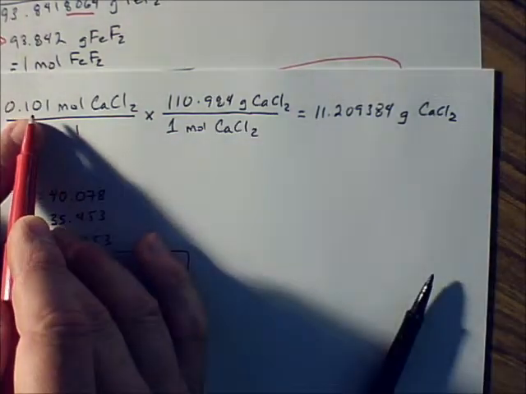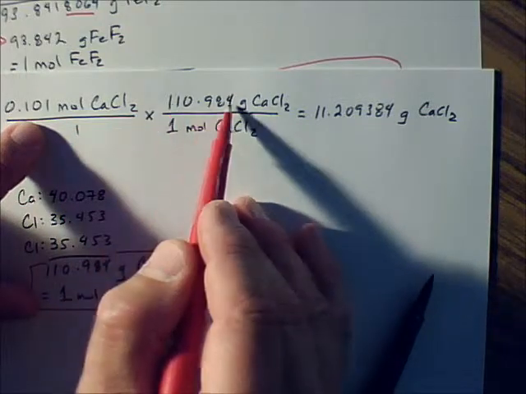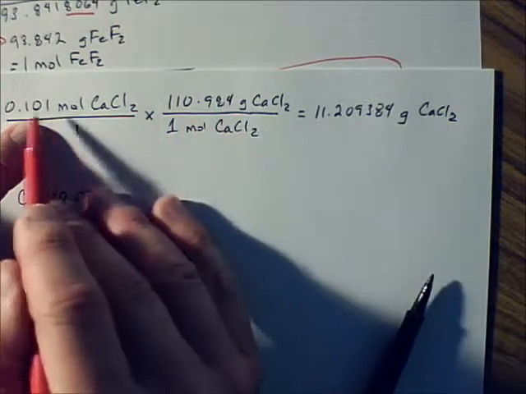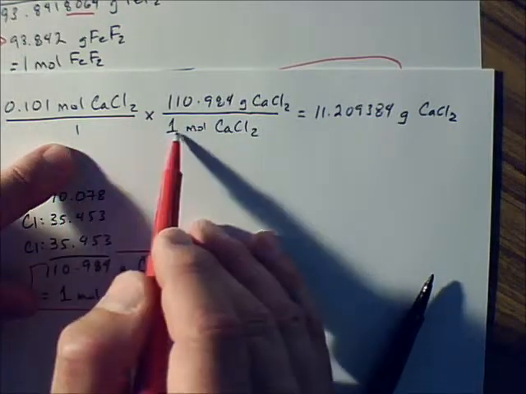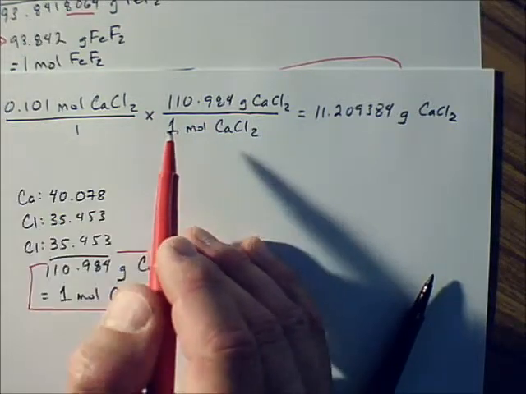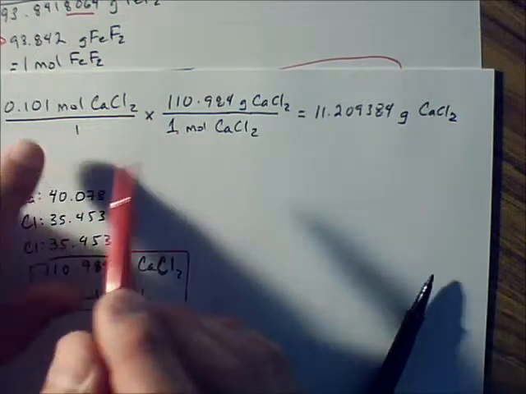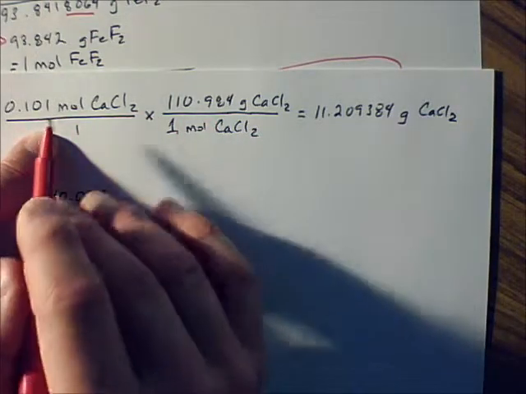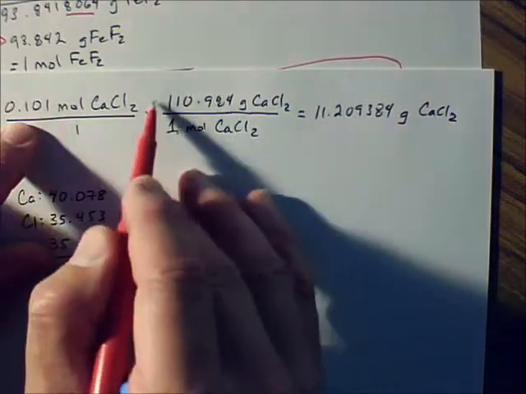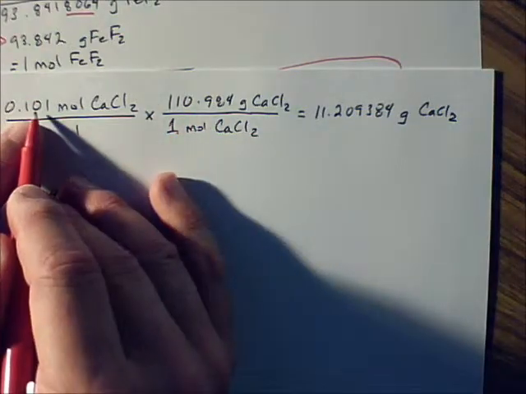This number has 3 digits. This one has 6. These are the only 2 calculated numbers in the problem. These are both counted numbers. We're going to ignore those when we're figuring out significant digits in a multiplication and division problem. So these are the only numbers we're going to use. And there's 3 digits here. That's the least digits.